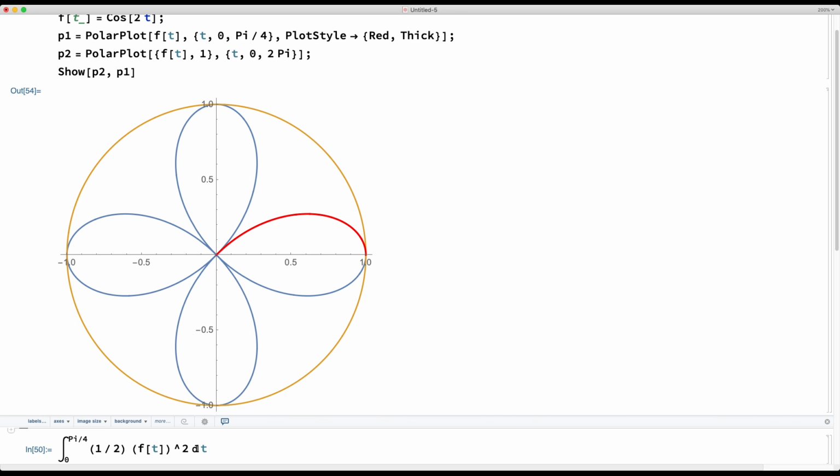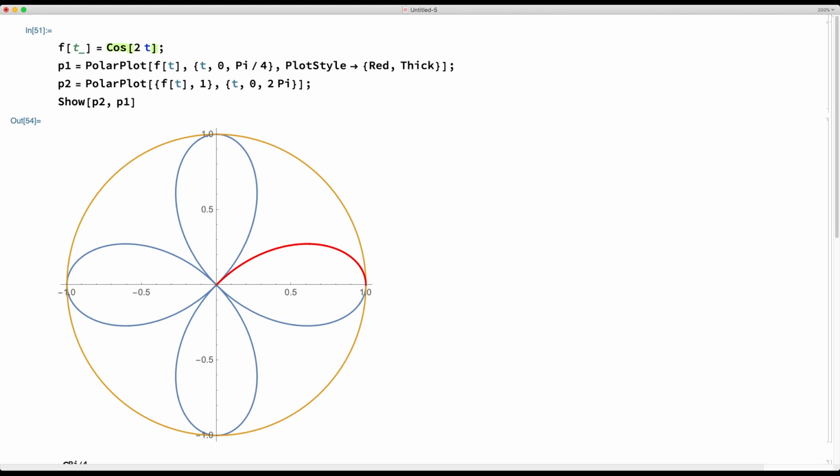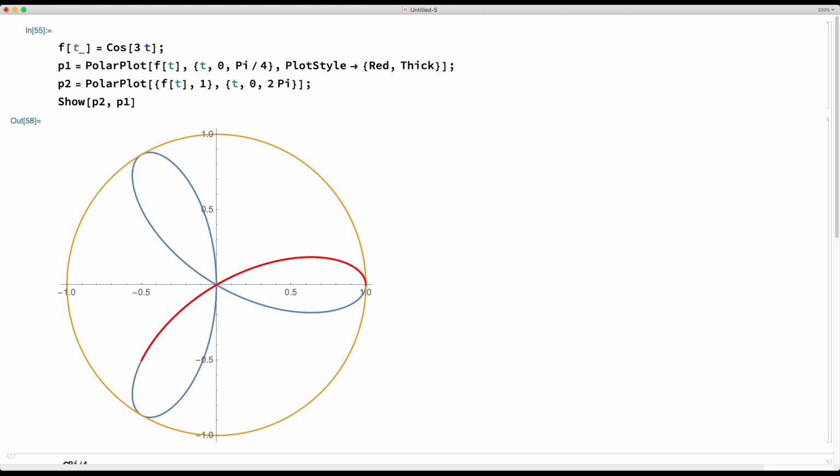Now, let me just double check one thing here. Okay, so where this gets a little bit more complicated would be, let's say that we did the same deal, but instead of cosine of 2t, we were doing cosine of 3t.